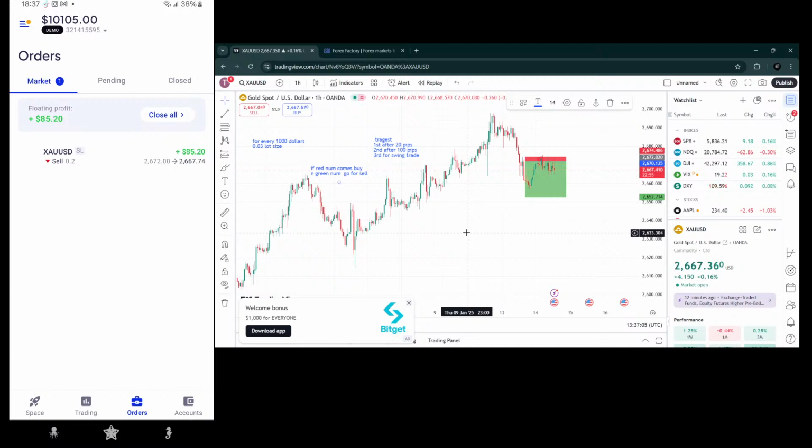So our setup was very good. Today, our first day, we are making some profit, as you can see on mobile screen.